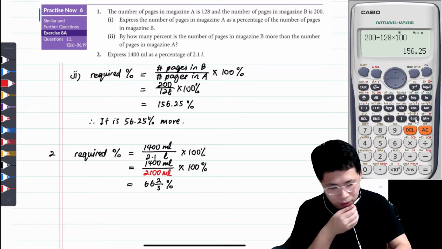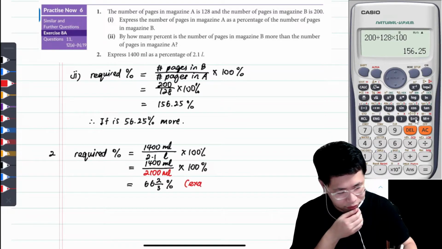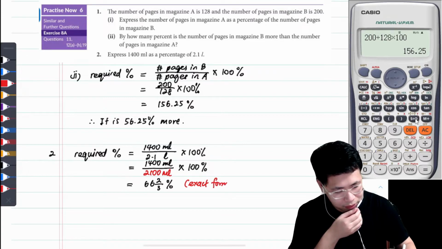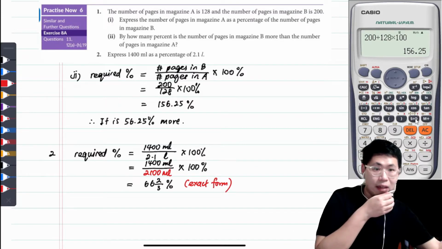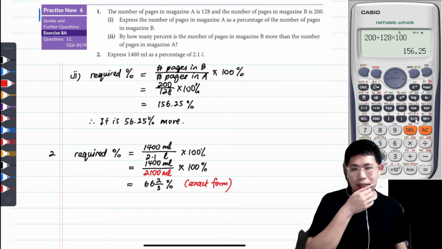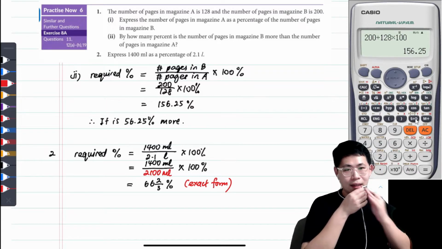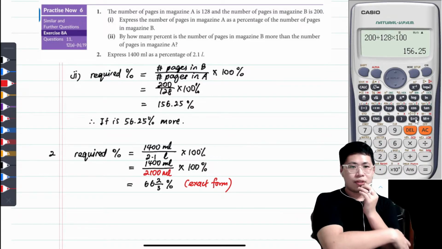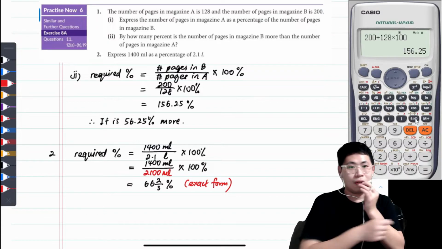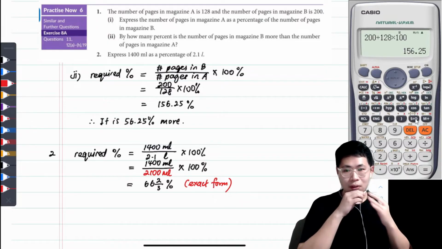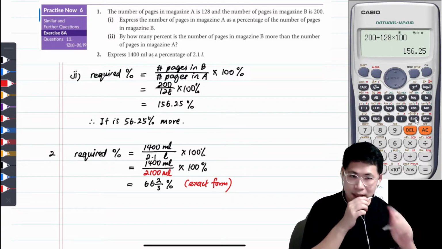Now I'm writing this because this answer is in exact form. Otherwise, if I were to write in decimal, then it will go on forever and ever. Which is not an exact form, and if we cut at like 66.7, it is actually rounding to 3SF, which is not exact anymore. Right, so this is practice now 6.